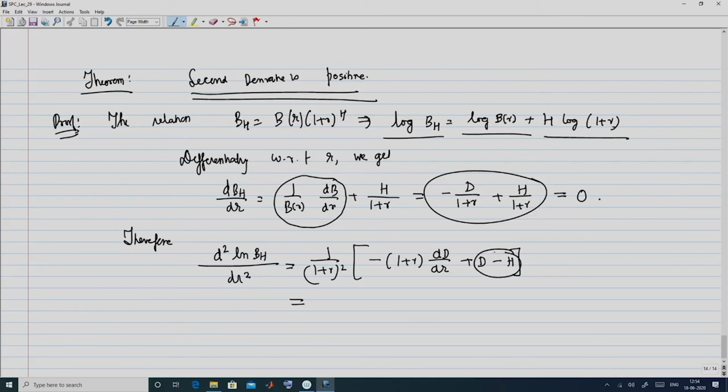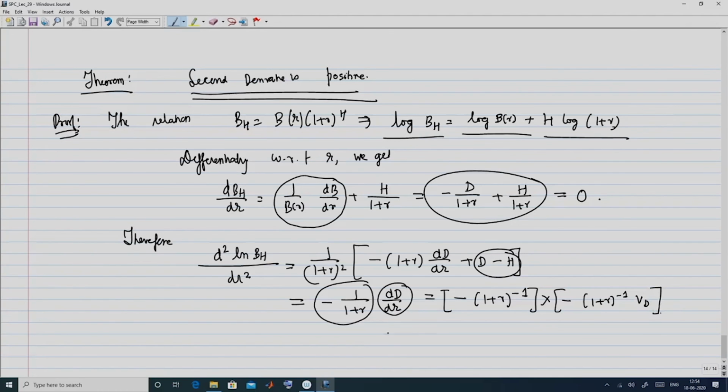Now, since D is equal to h, this can be written as minus 1 over (1 plus r) dD over dr. Now, this can be rewritten as minus (1 plus r) raised to minus 1 multiplied by dD over dr, and remember we had that expression as minus (1 plus r) raised to minus 1 into VD. And VD, remember, was the dispersion or something like the variance, and this can be written as 1 over (1 plus r) whole square, which is positive, VD is positive, and this entire thing is going to be greater than 0.